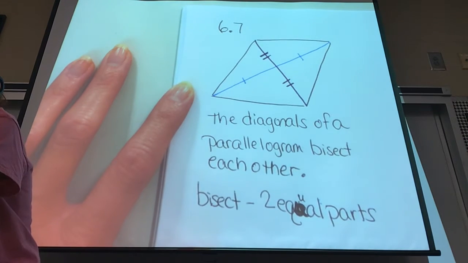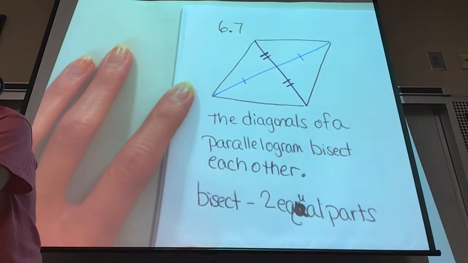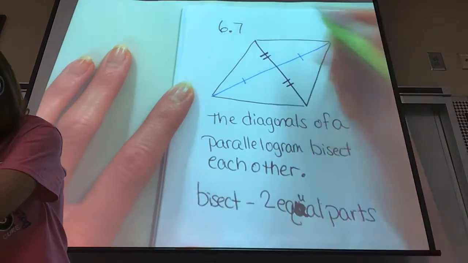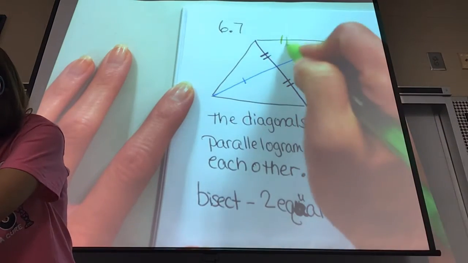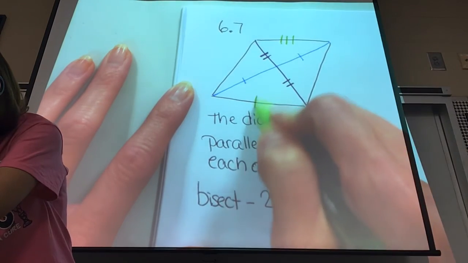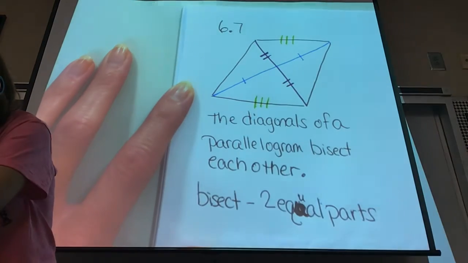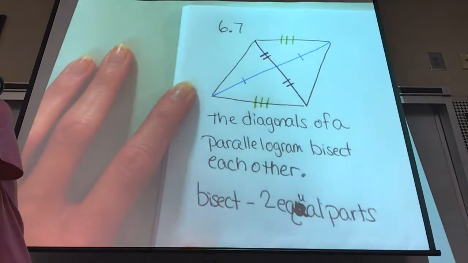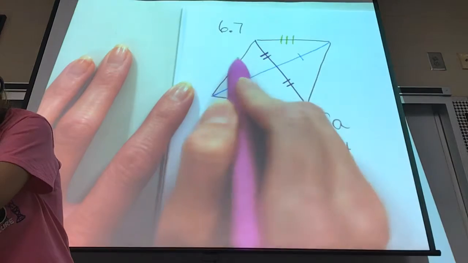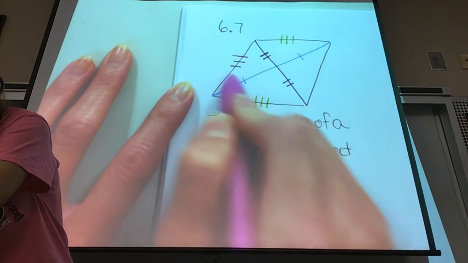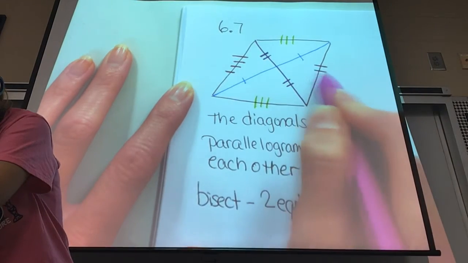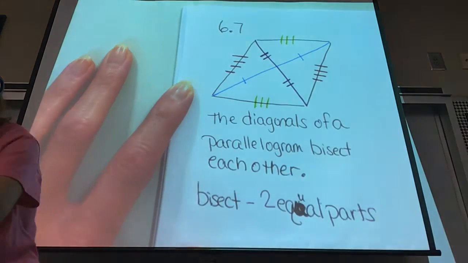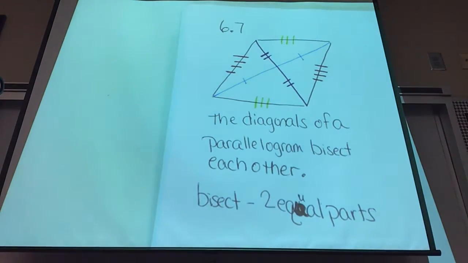And of course, we already know the tops and the bottoms and the two sides are equal to each other. So I already know that this is equal to this, because that was one of the other ones I was already given. And I already know that this is equal to this. So I have a lot of equal pieces.